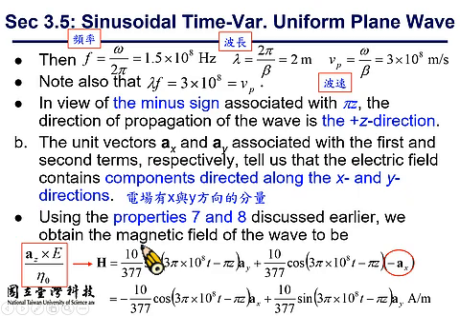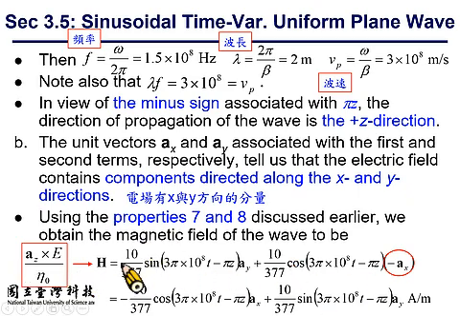Note that because the electrical field intensity is greater than H by a factor of the intrinsic impedance, shown as eta sub 0, you need to divide the cross product result by 377. So you can find the result as this.